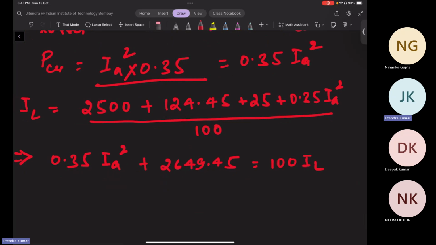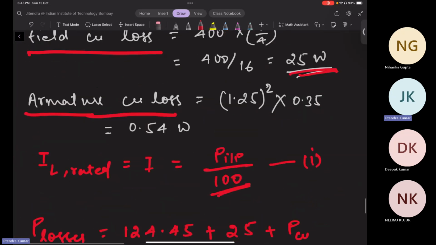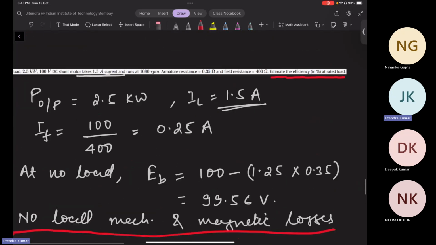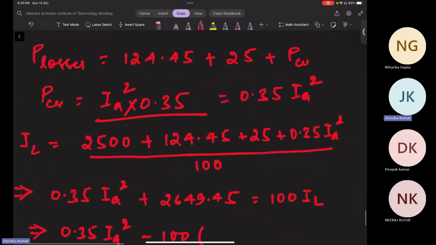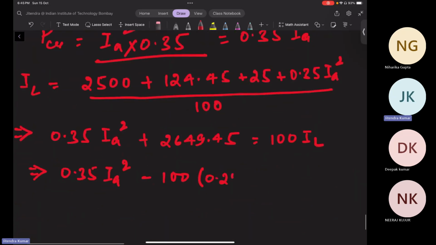And further, if I want to simplify, 0.35 IA square minus 100 IL. IF is 0.25 amps. So 25 plus IA plus 2649.45 is equal to 0.